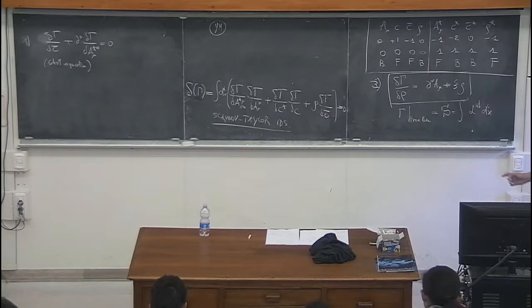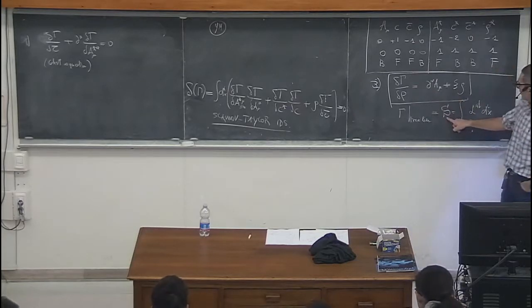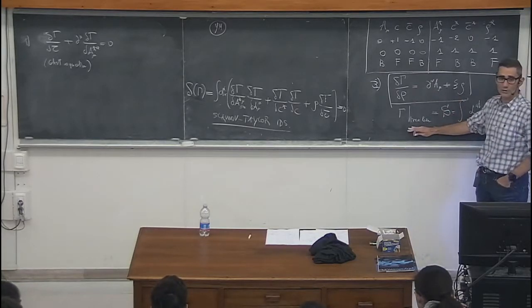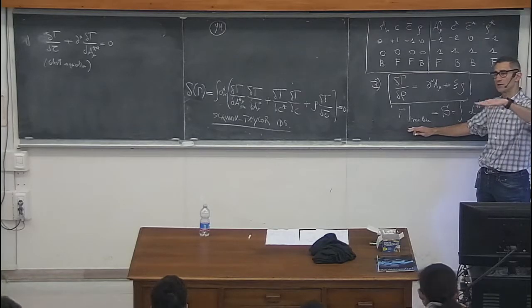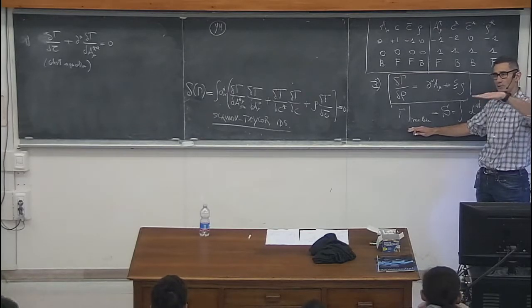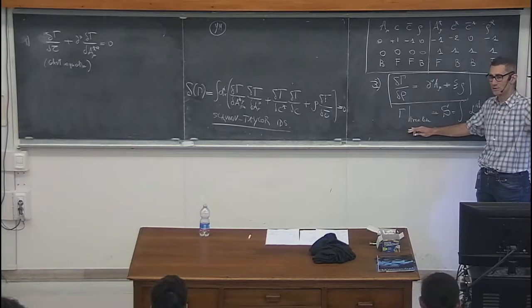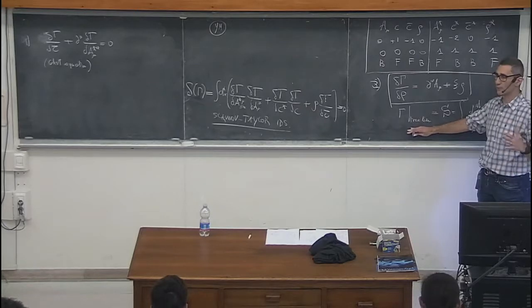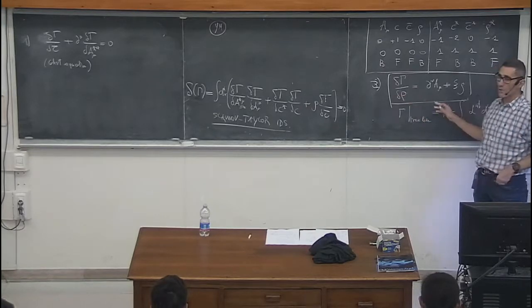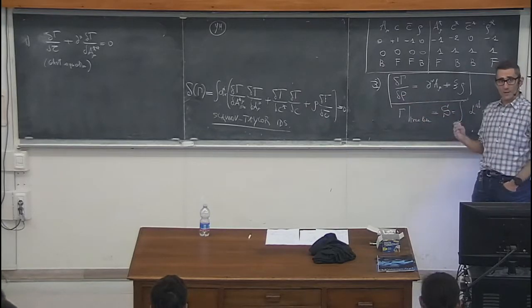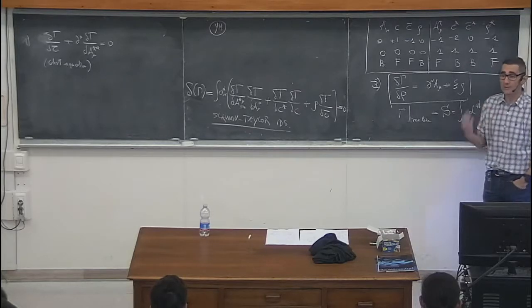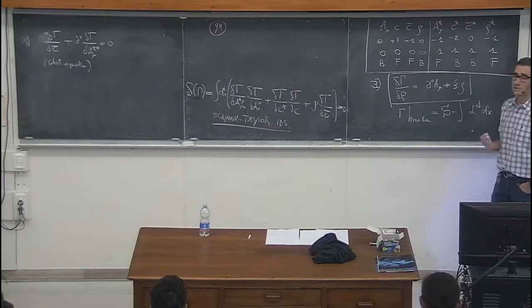Tree-level contribution means that you stop the calculation of operators at dimension 4, because these are the maximum type of operator that you have in the action. So you stop at dimension 4, and you ask yourself, does this equation at dimension 4 reproduce completely the action? The answer is yes.